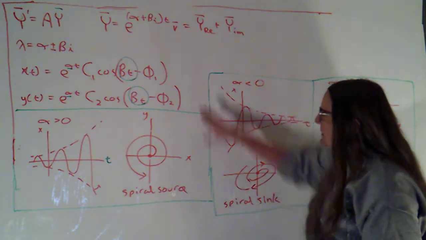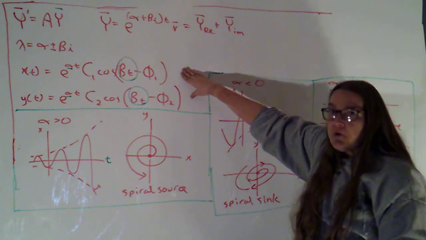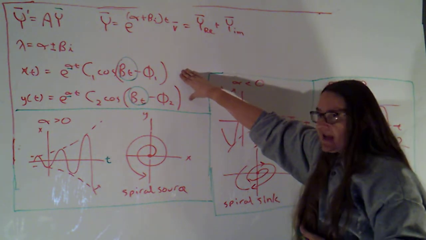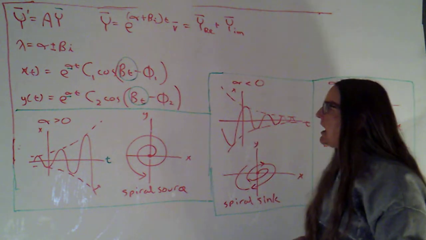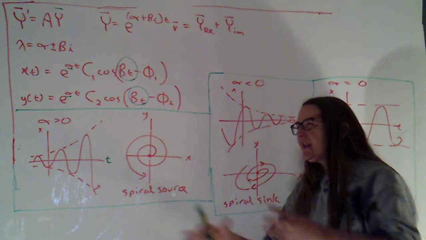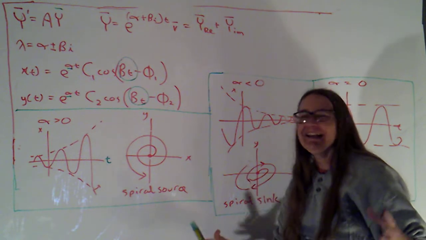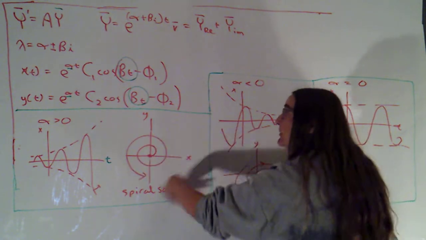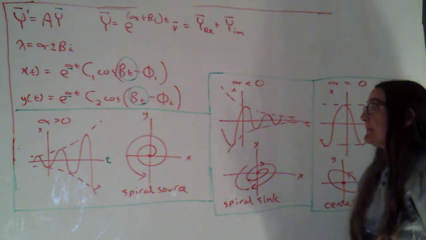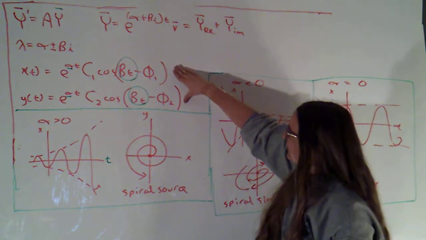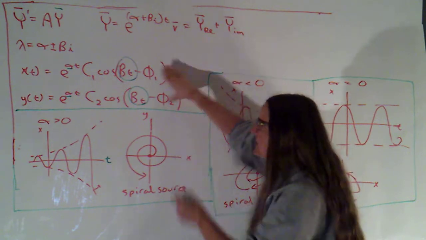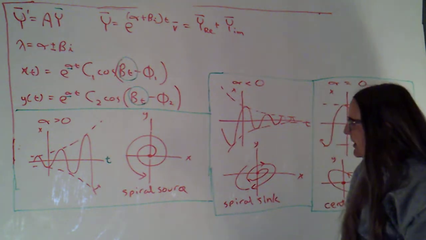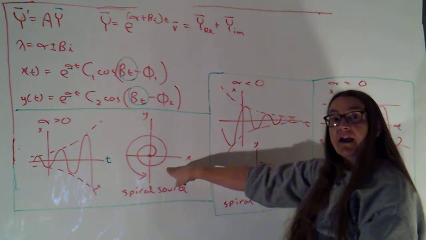Well, it turns out if x and y are both just linear combinations of some sines and some cosines of the same angle, in this case beta t, we're always going to get something roundish. So something circular or elliptical or spiraling in a circular or elliptical way. That part tells me that I've got something roundish. This part tells me that the magnitude is growing, and so we get this that we classify as a spiral source.